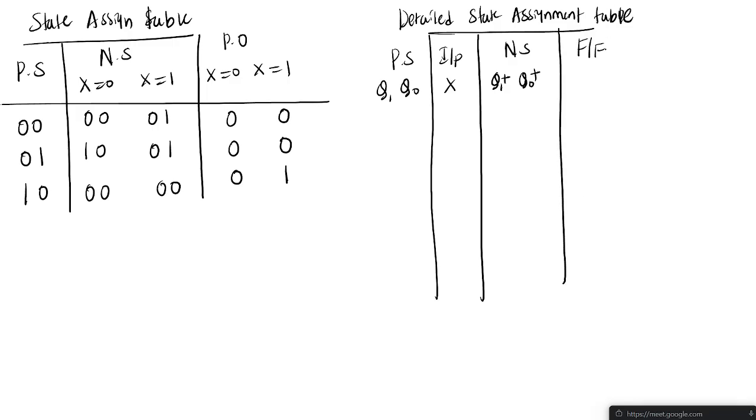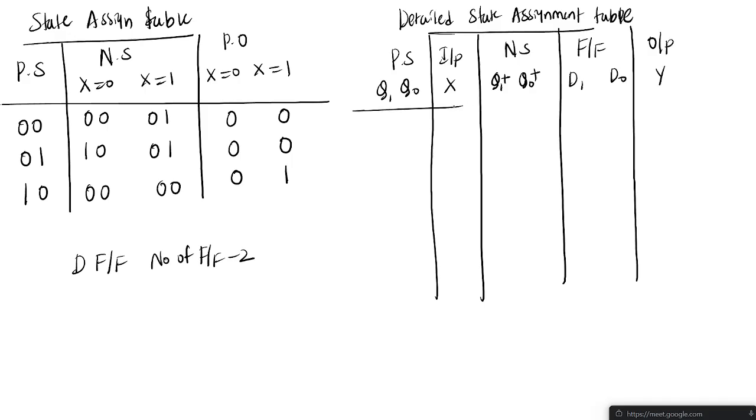Select the type of flip flop: I am using D flip flop. Number of flip flops means you need how many flip flops? Two flip flops, no? So this is D1 and D0. These are the excitation values, and output Y.